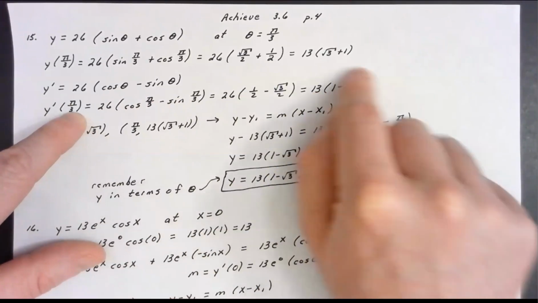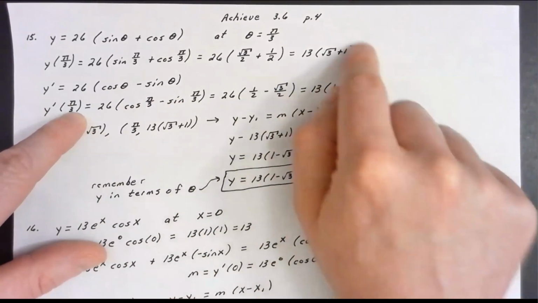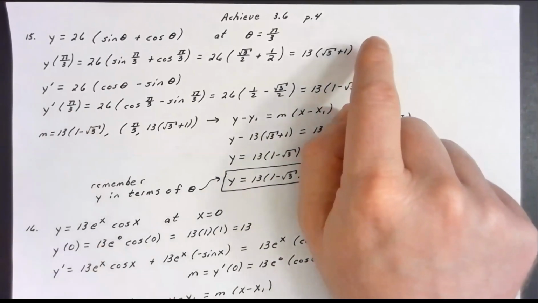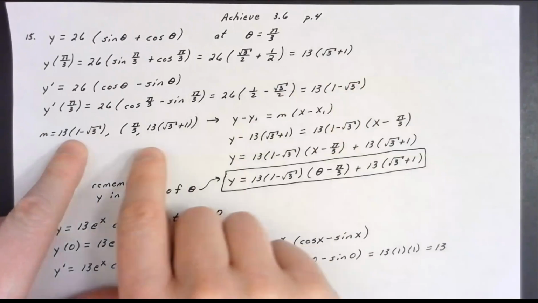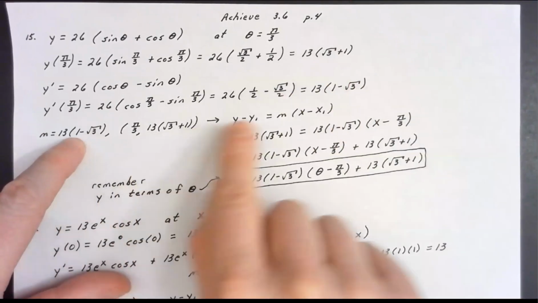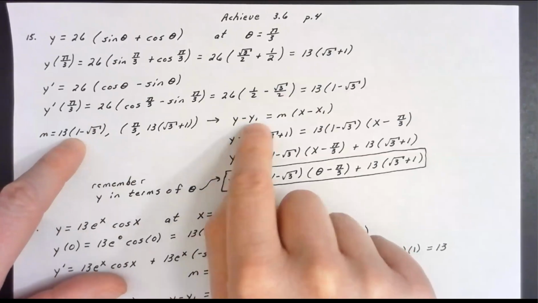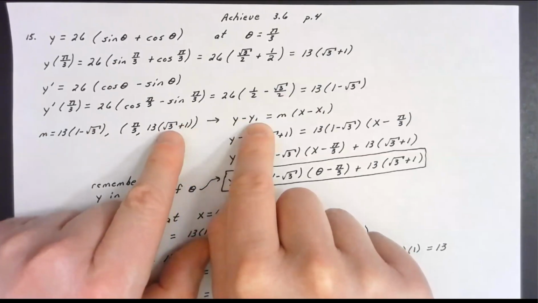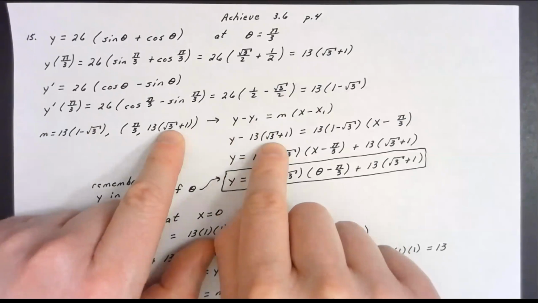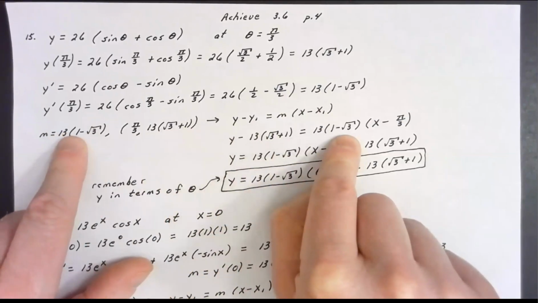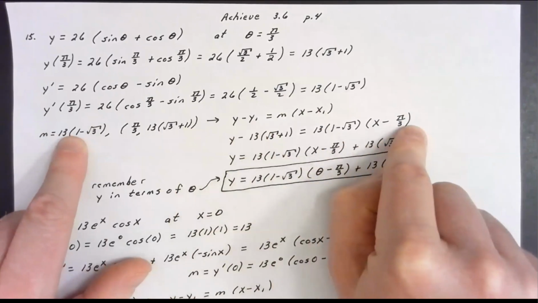Now, this is my exact value for the slope, and my exact value for the y value at that given value of theta. So I'll take that slope and that point and plug them into my point-slope equation for a line. So I do y minus y1, my y1 value right here, equals the slope, here is my equation for the slope, times x minus x1.